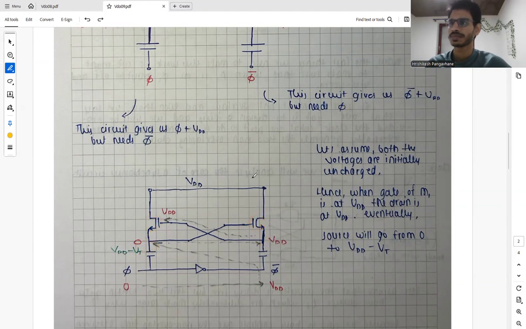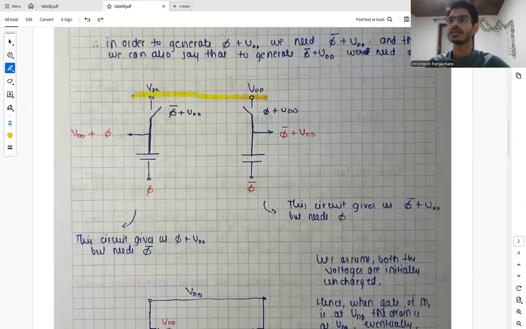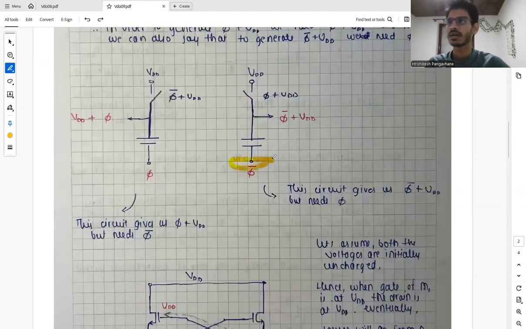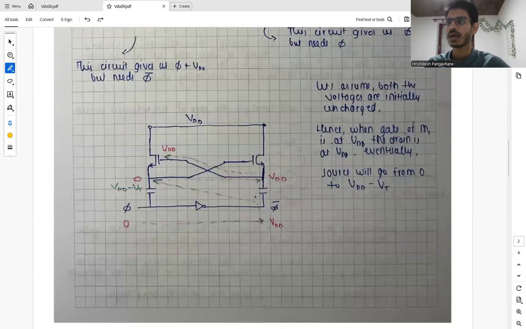This is the VDD, and we have a capacitor, and the lower plate of the capacitor is exposed to phi and phi bar. So that's how we implement it, and we have phi. To generate phi bar, we just use an inverter.